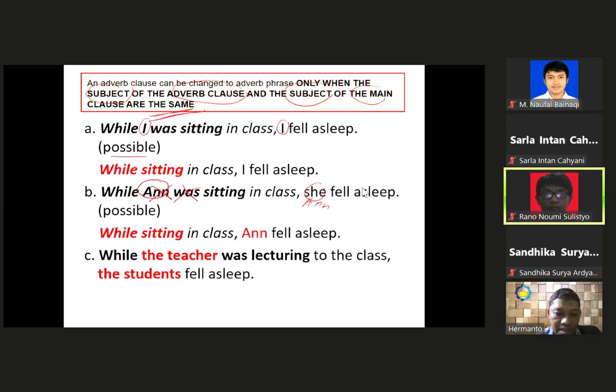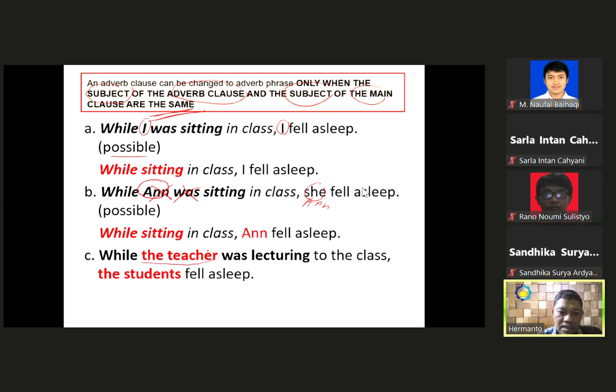Because the subjects are different. In the adverb clause, the subject is the teacher. In the main clause, the subject is the students. So is it a correct sentence? Yes. But you can't change this adverb clause into an adverb phrase because the subjects are different.